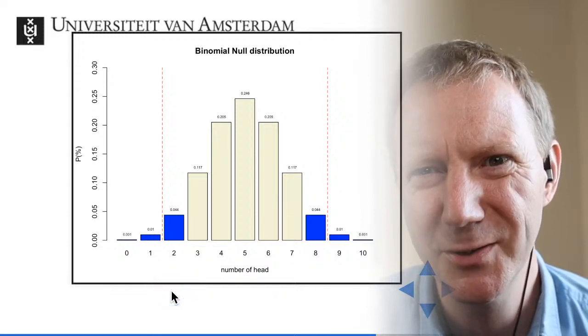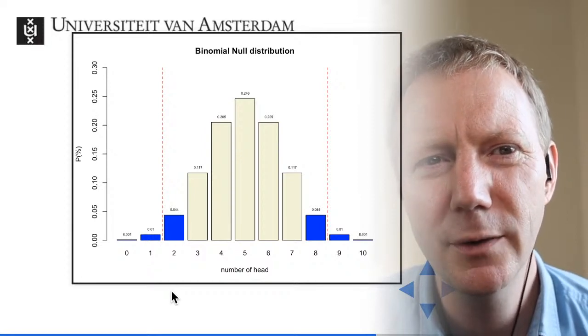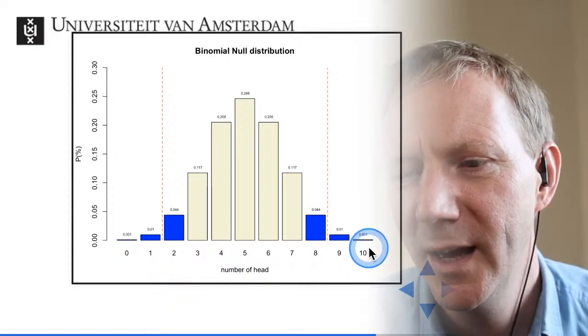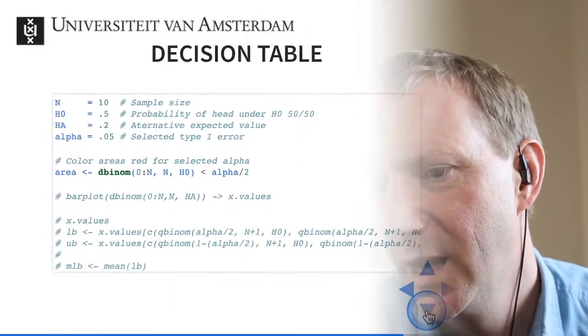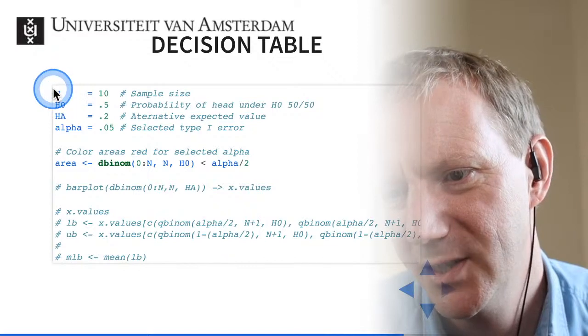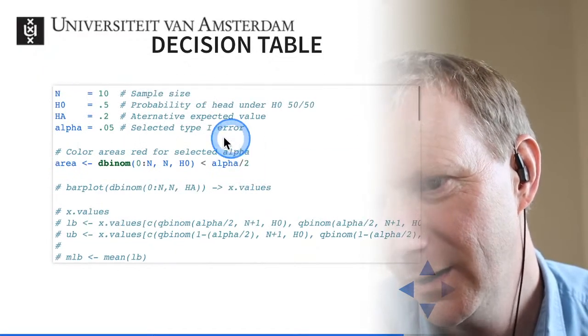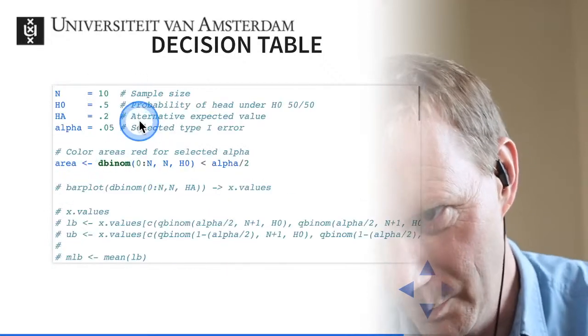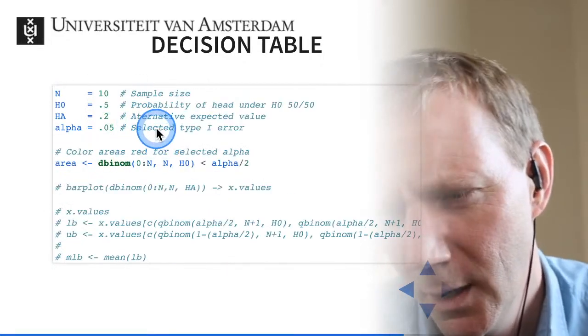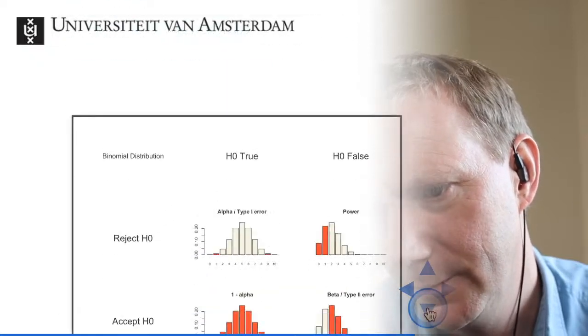I know this is hard stuff. So you need to work on this and try for yourself. And for that, I have created test statistics. I've created this code. You can run this code in R. You don't have to know exactly what it all means. But if you run it, you will get the following graph.